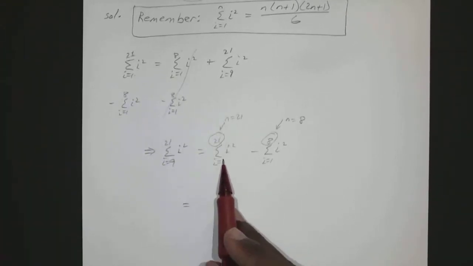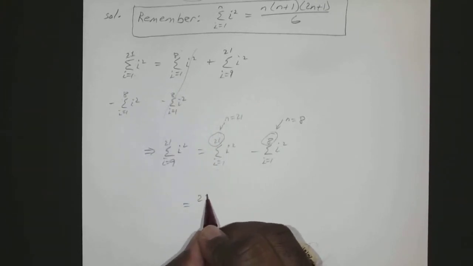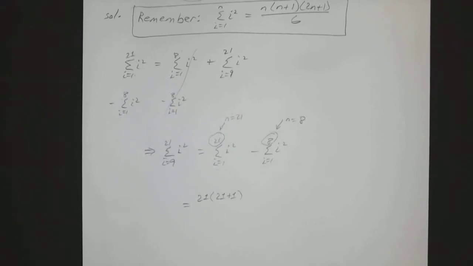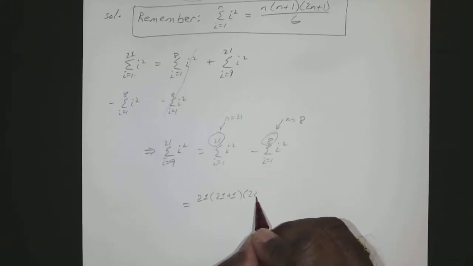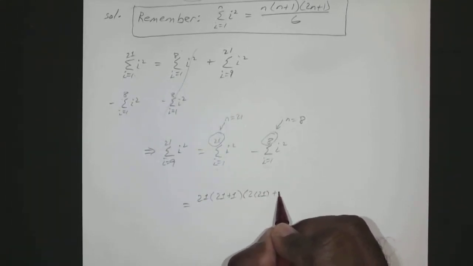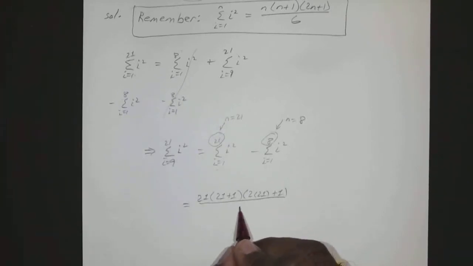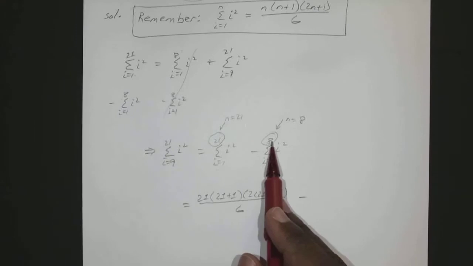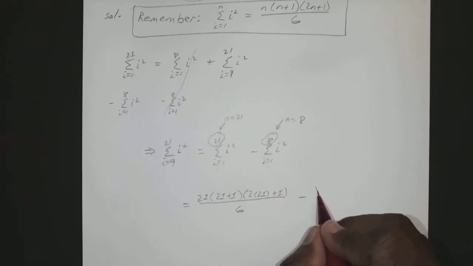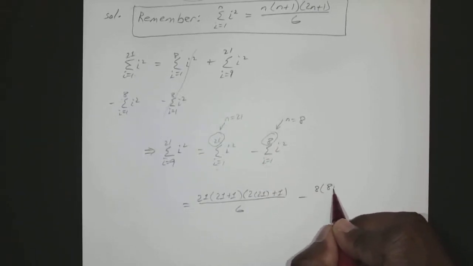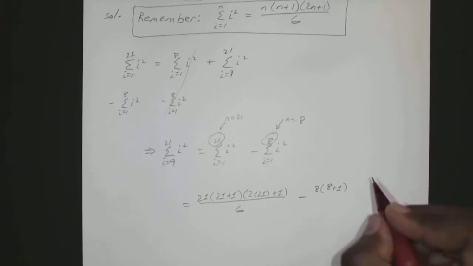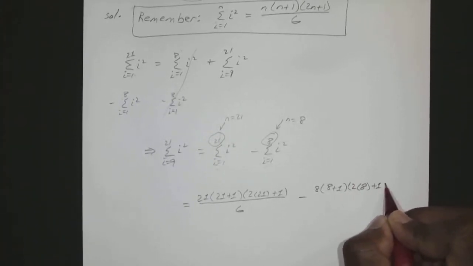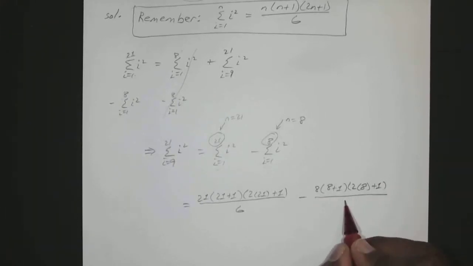So that means this is going to be 21 times 21 plus 1 times 2 times 21 plus 1 divided by 6, minus, using the same formula but instead using 8 this time, 8 times 8 plus 1 times 2 times 8 plus 1 divided by 6.